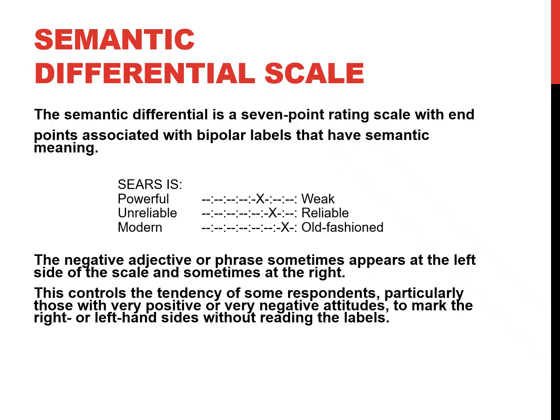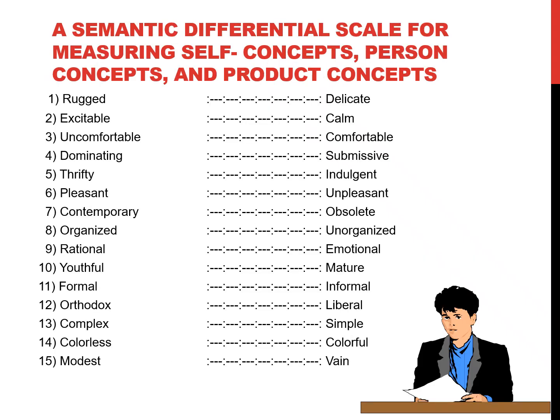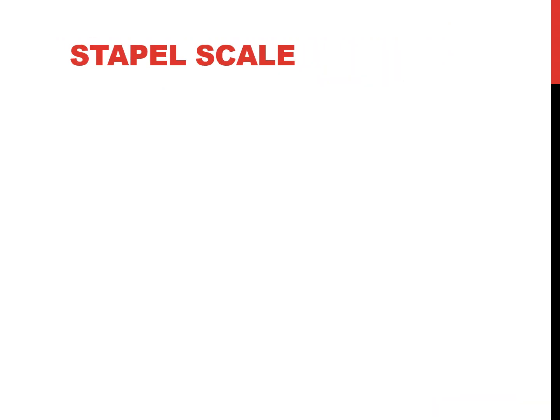As long as it's consistent and you can score it appropriately. You could, as I say at the bottom there, score from a -3 to +3 or a 1 to 7 scale. Some more examples of that. I won't go through all of that, but certainly it gives you a good sense of some of the differential scales that can be used.